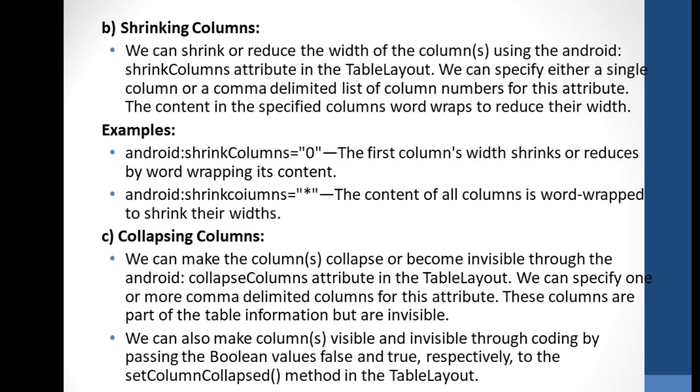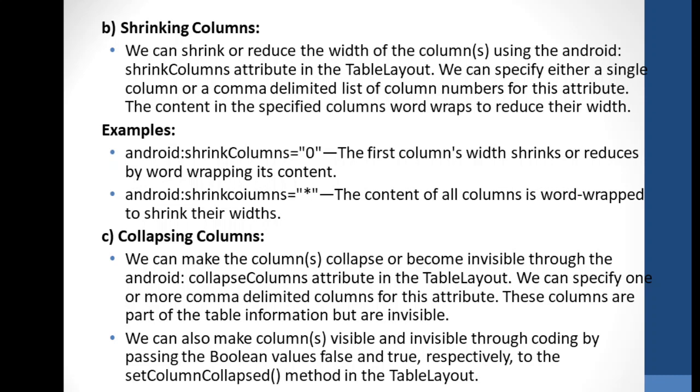Next, we are going with shrinking of the columns. We can shrink or reduce the width of a column by using the android:shrinkColumns attribute in the table layout. We can specify either a single column or a comma delimited list of column numbers for this attribute. The content specified in the columns word wraps to reduce their width.